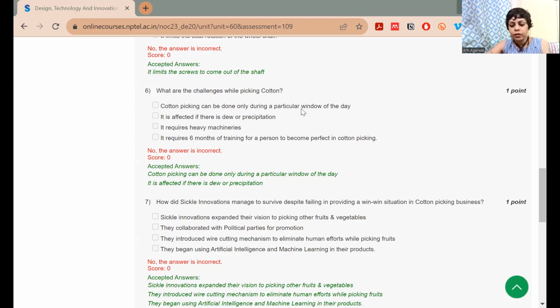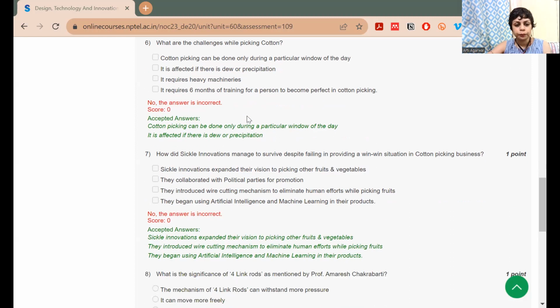So you have to account for that when you're designing a device which is meant to pick cotton. So the third is not correct because it does not require heavy machinery. And the fourth is also not correct because there is no such thing mentioned anywhere in the lecture that somebody should require so much training or anything like that. So the correct answer is option 1 and option 2.